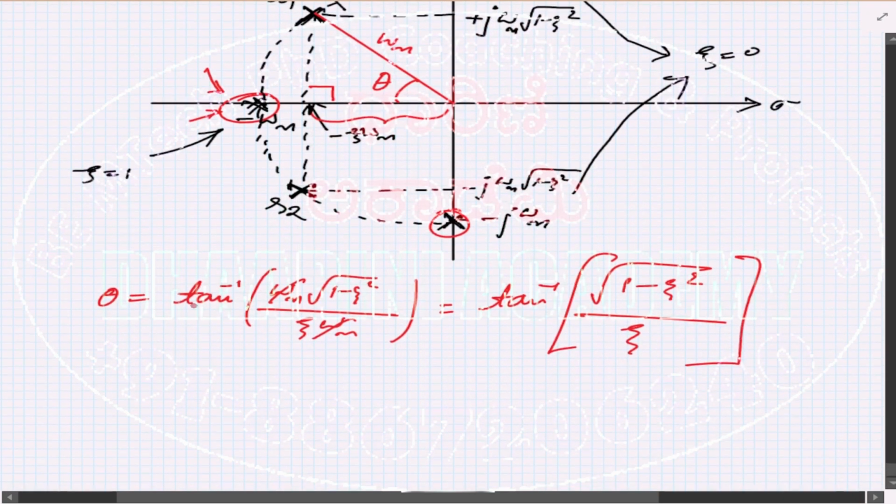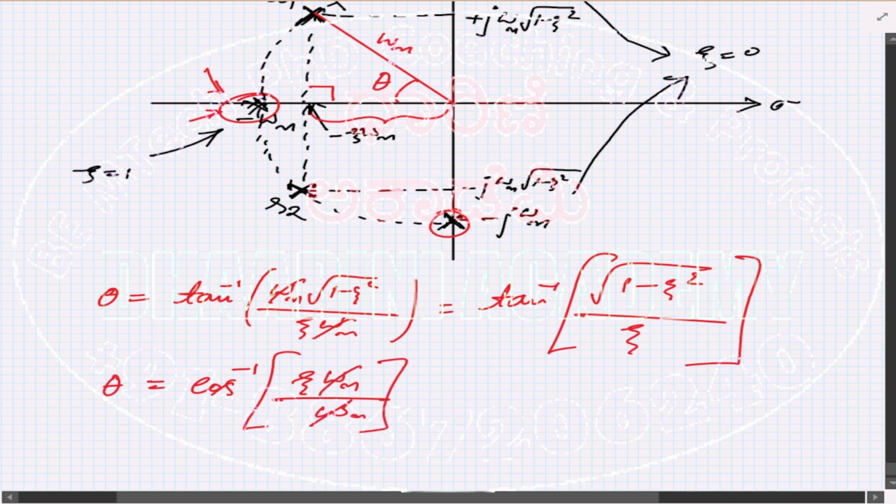Again, in problems, you are going to see that you need the other ratios as well. So can you tell me in terms of cos? What about cos inverse? Correct. So you see that omega n cancels. The most simple ratio is cos inverse, it's simply cos inverse of zeta.